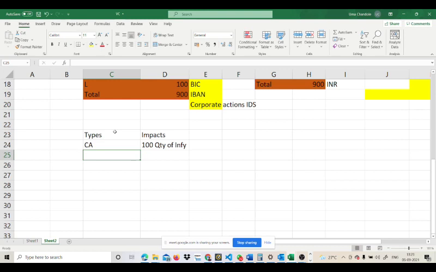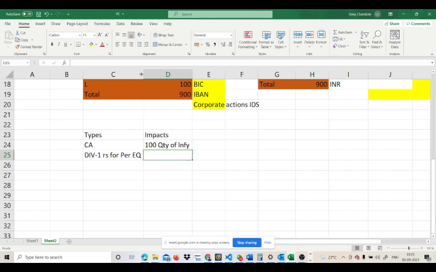Infosys announced a dividend, and the rate is around 1 rupee per equity share, right? So in this case, you have 100 quantities, so you are eligible to receive the dividend for 100 quantities. So definitely you will receive 100 rupees.